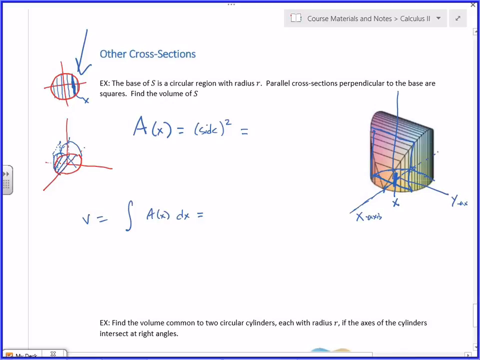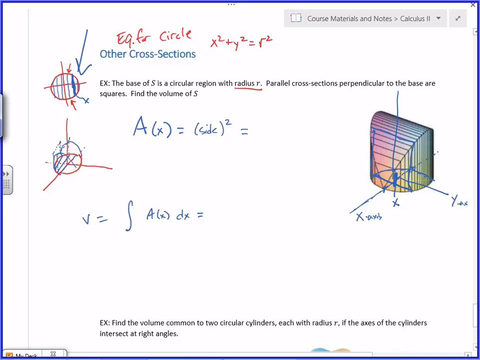Right? So what's the equation for the red circle? Because if I can find the equation for the top part and the equation for the bottom part, I can just subtract the two, and that will give me the length at x, right? Whatever the top half of the curve is, whatever that function is, minus whatever the bottom half. Now you remember the equation for a circle, right? And we're talking about a circle with radius r, so we have x squared plus y squared equals r squared.